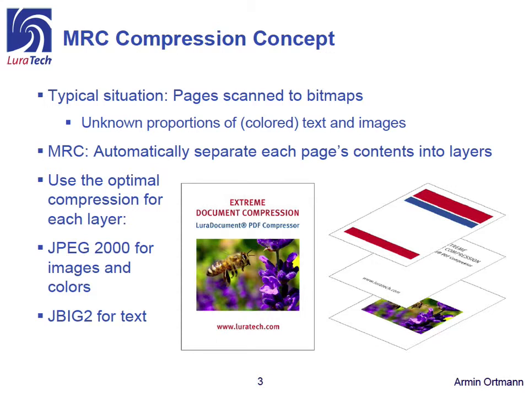So for the MRC compression concepts, many of you have probably heard this before, but I'll only just briefly introduce it. In the middle here, you do have an example document that has a big image and some colored text. And what we basically have is an algorithm that segments this image into these three types of information that you see on the right here.